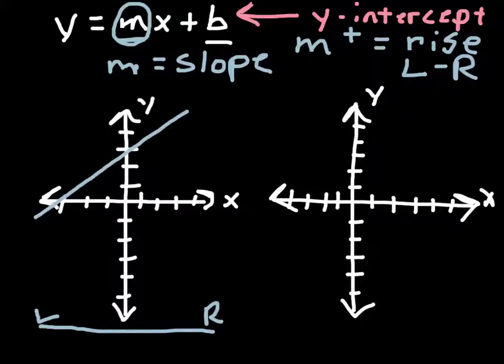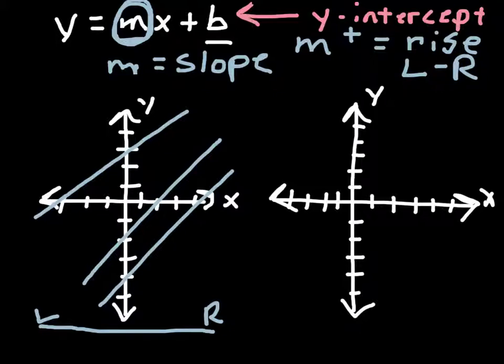Another line that would have a positive slope might look like this, because as I move from left to right, the line's rising. So if the number right here is a positive value, it's going to have a positive slope. The line's going to rise as you move left to right. Another example would be something like that.